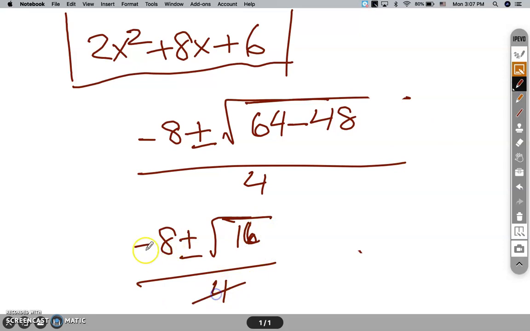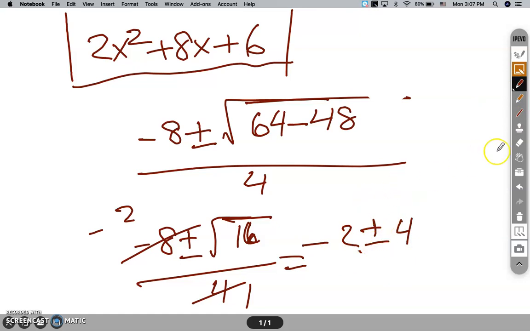Now I can cancel 4 and negative 8, and I get 1 here and I get negative 2, right? Because they're both divisible, I can cancel that. Then I get equal to negative 2 plus or minus, the square root of 16 is going to be 4.